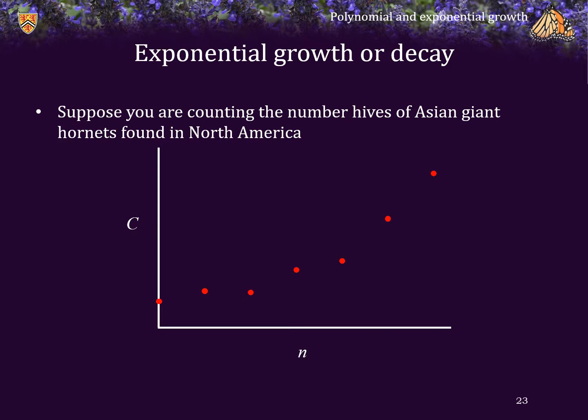Every year you observe and you count, and you notice that over time the growth appears to be exponentially increasing. Basically, what this says is the count of the number of hives is something of the form a times e to the bn, where n is the number of years since your initial counting.